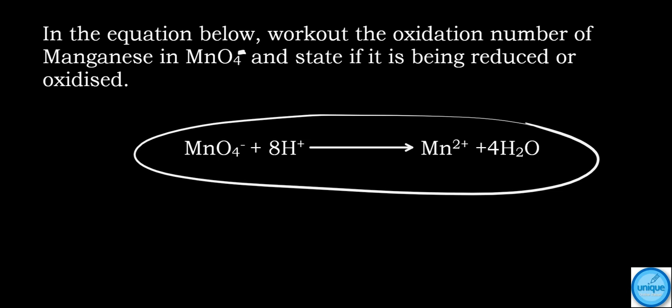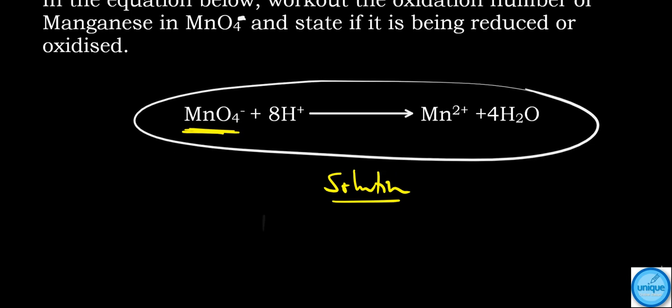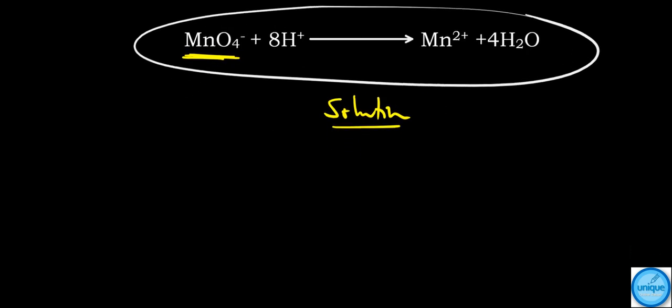Now to answer this problem, let me write here solution. We need to find the oxidation number according to the question, to know whether the manganese has been oxidized or reduced. So let the oxidation number of that manganese be any letter, so we just put it as n.